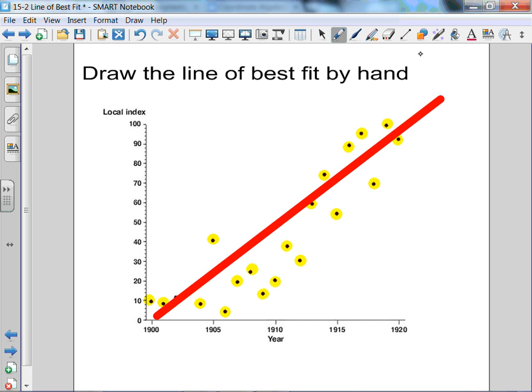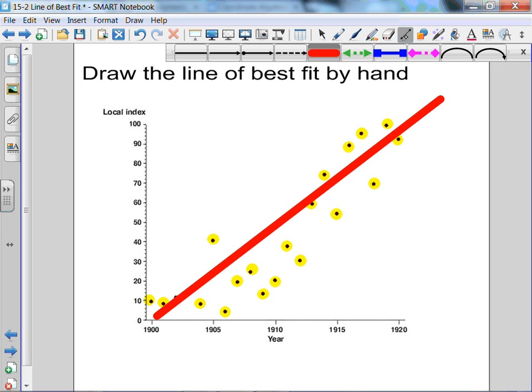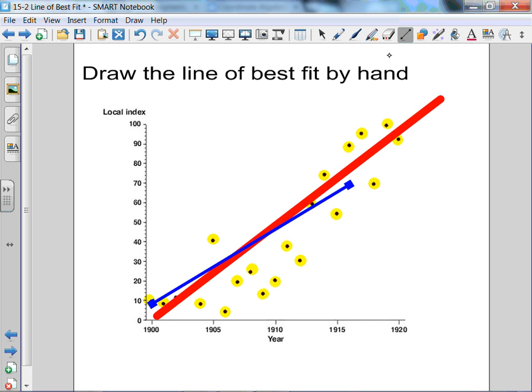Let's say someone drew a line of best fit that looked something like this, and it went differently. Well, both of those could be right. When we're drawing them by hand, there's a chance for error, or a little bit of leeway to draw it a little differently.